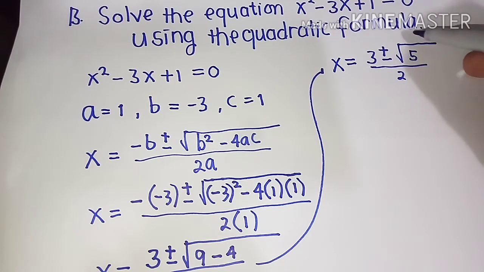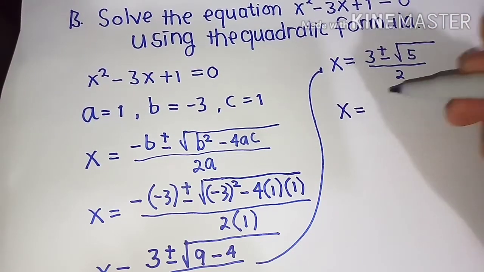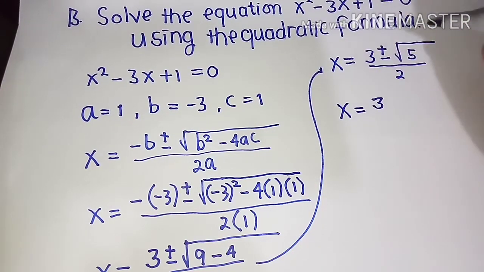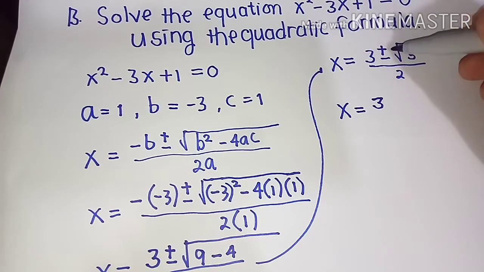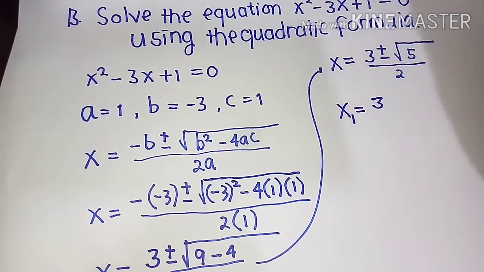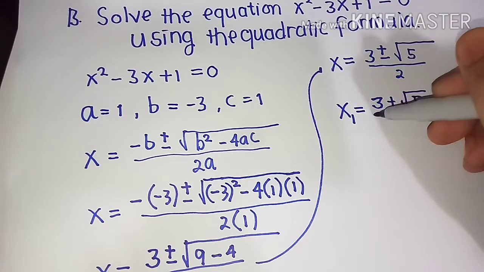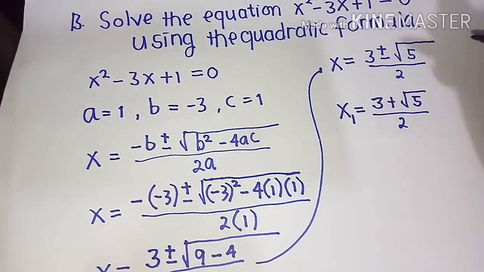You are not allowed to change this because this is not a perfect square. We have here x equals, copy 3, and then we are going to use first this positive sign for the x sub 1: 3 plus square root of 5 divided by 2.